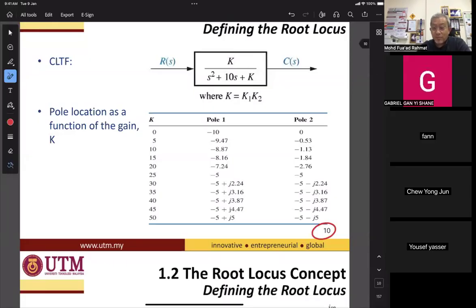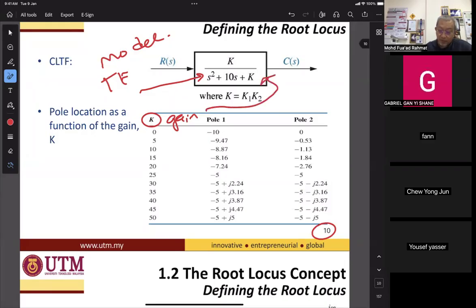I refer to page 10, where we are given the transfer function, or the model, K over s squared plus 10s plus K. Then we vary the value of gain K, insert it inside this model, and find the roots of the characteristic equation.